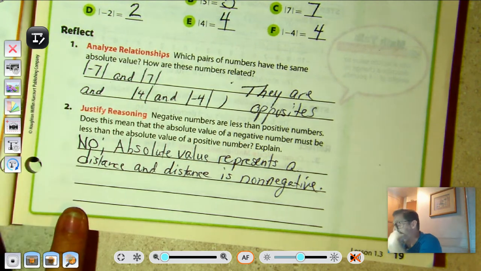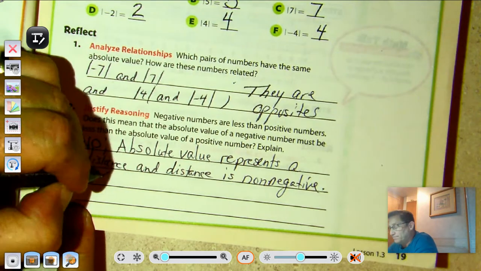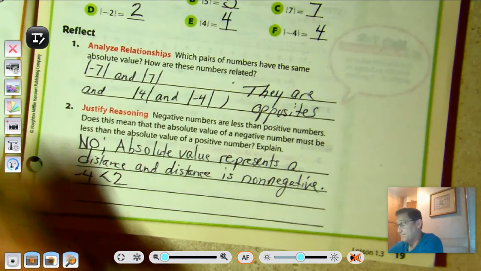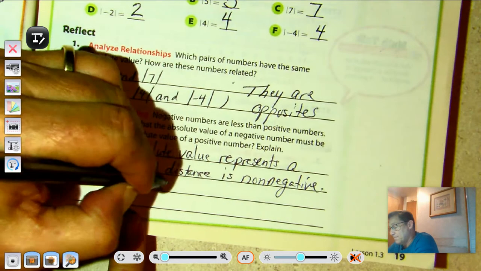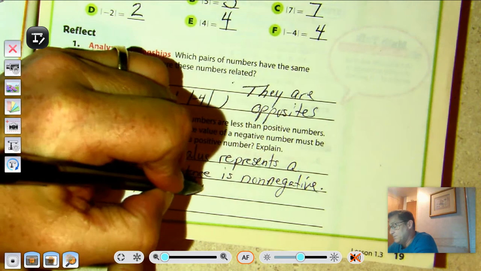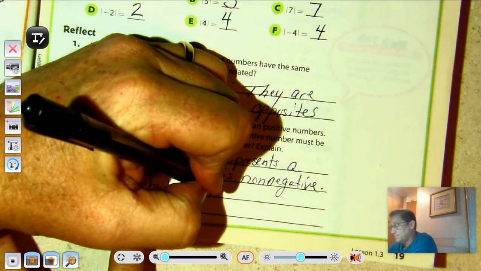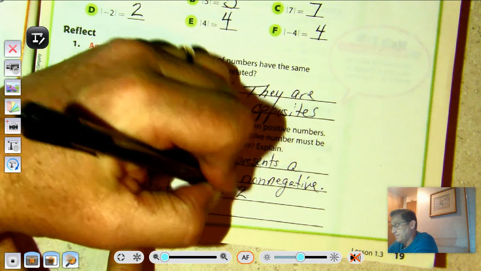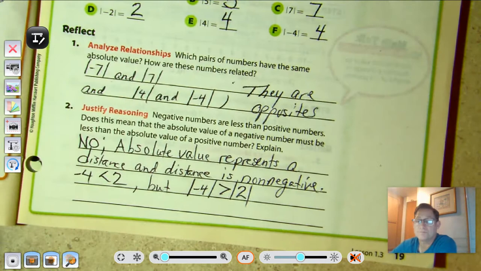So -4 is less than 2, right? But the absolute value of -4 is greater than the absolute value of 2.